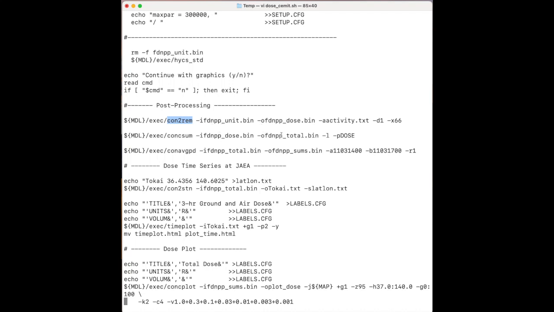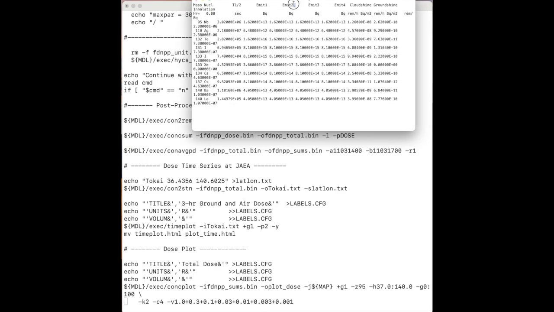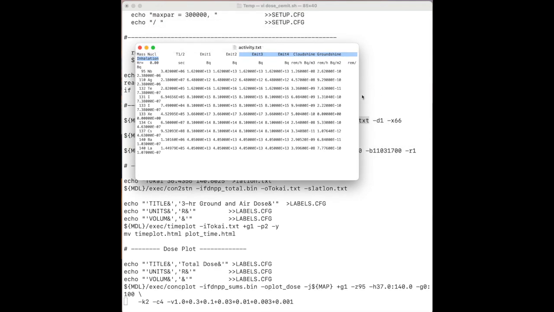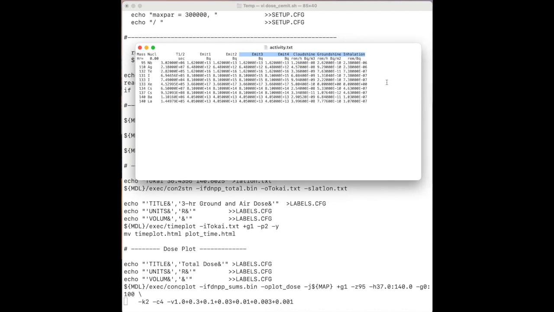Because the match is done automatically, if the activity.txt file shows that a species has a ground-shine conversion factor of 0, it is assumed to be a noble gas and matched to the N-gas computation. There is no other way for the CONTAREM program to know which computational species represent noble gases, because the deposition field may be missing or legitimately 0.